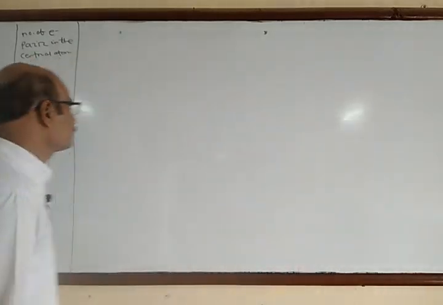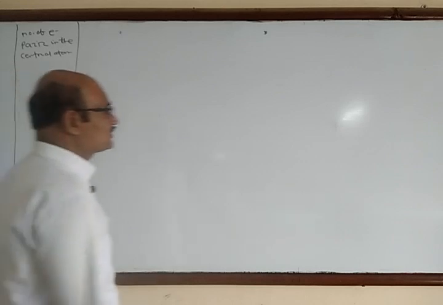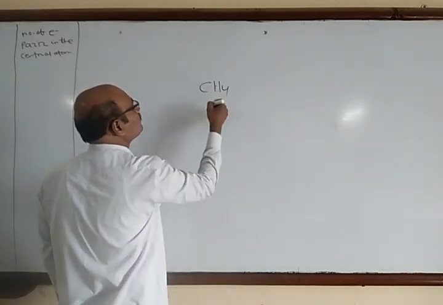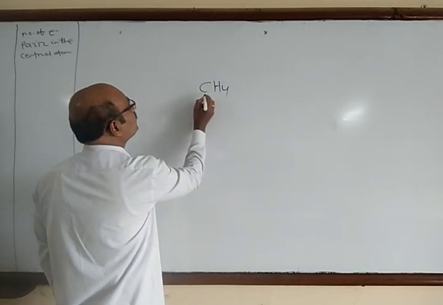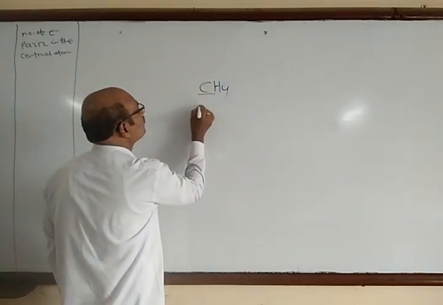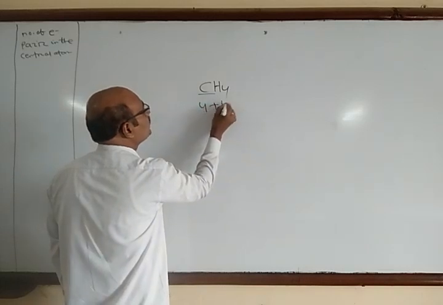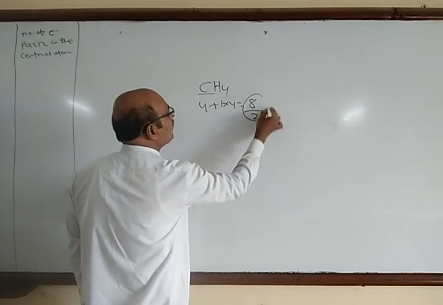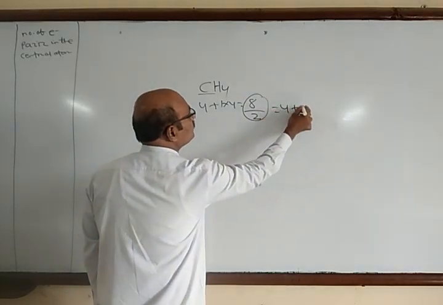Now suppose, for example, I take CH4, methane. Carbon has 4 valence electrons, 4 plus hydrogen 1 into 4 equals 8. So 8 by 2 is 4 plus 0.